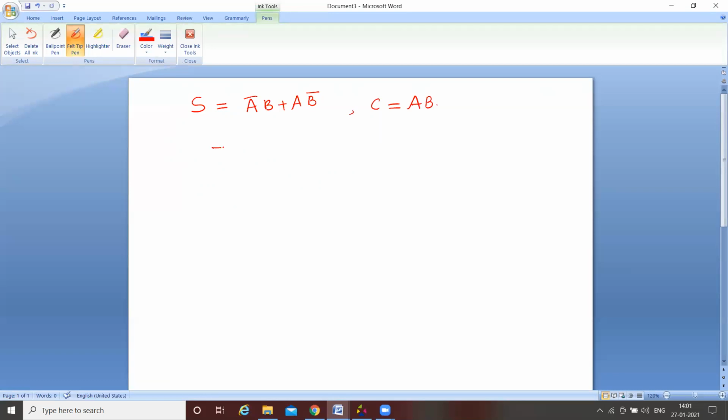In this, A bar means A complement, and B is there. This is A complement, this is B, and these two go to an AND gate. Next, another A is there, and B complement, B bar. And these two are added together with an OR gate.